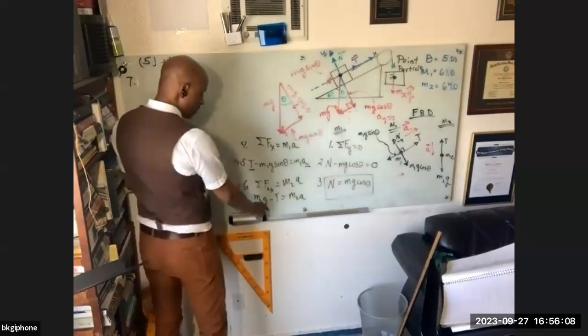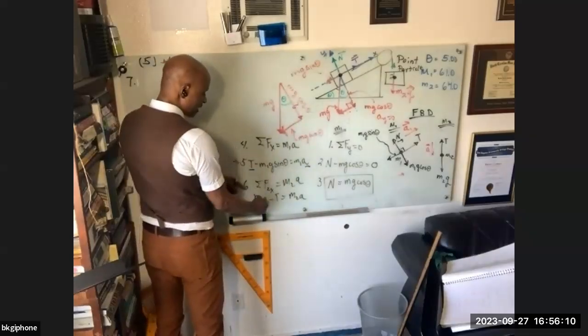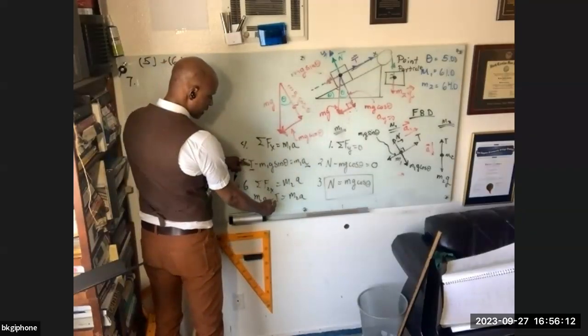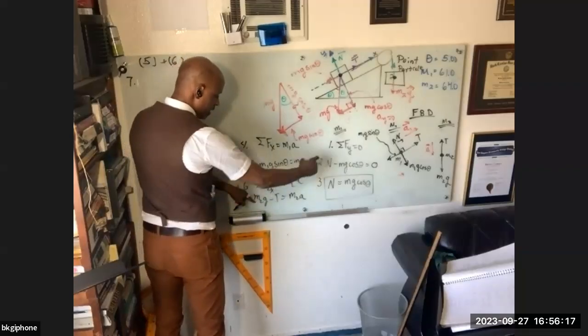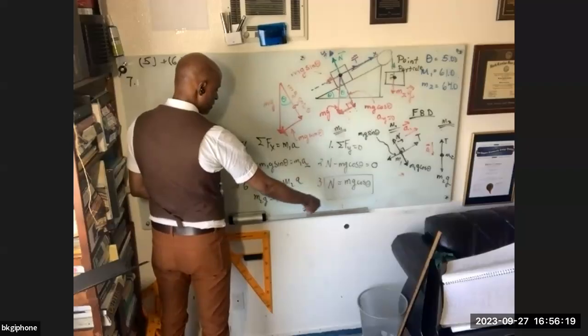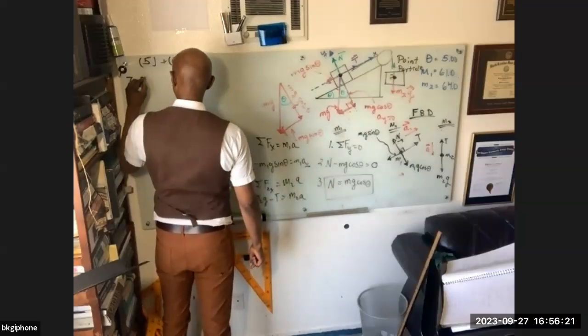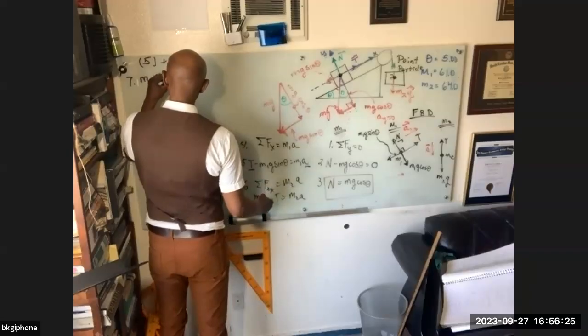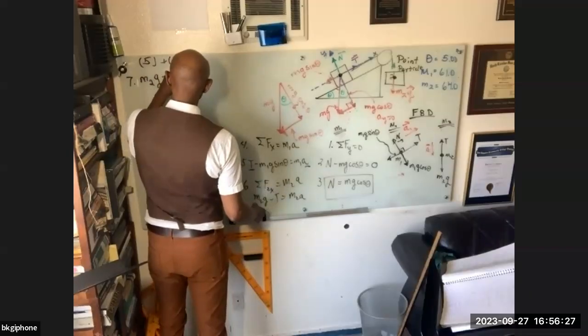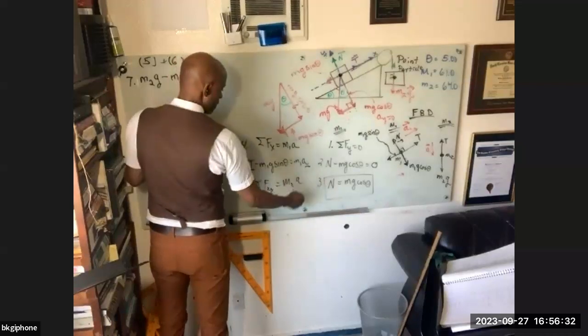So equation 7, if I add them, the T's are going to cancel. I'm going to get plus M2g minus M1g sine theta. And on the right side, I have M1a plus M2a. So that's going to be M2g minus M1g sine theta equals M1a plus M2a.